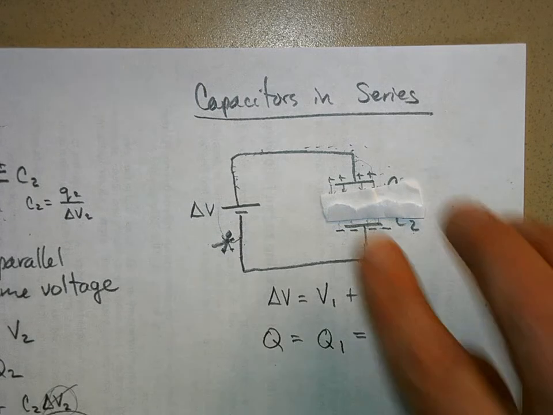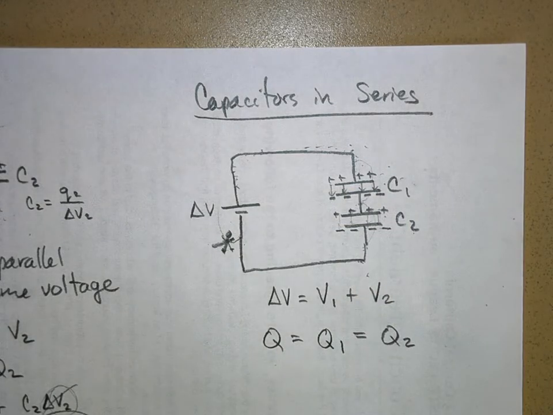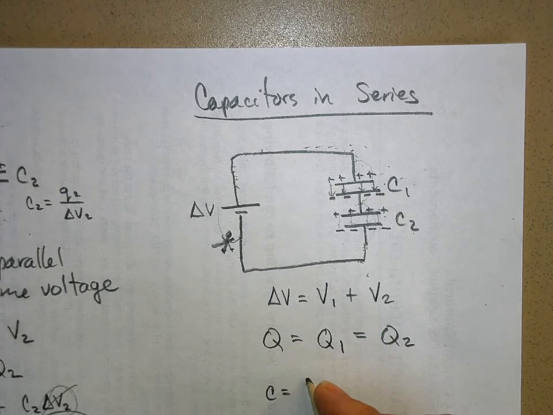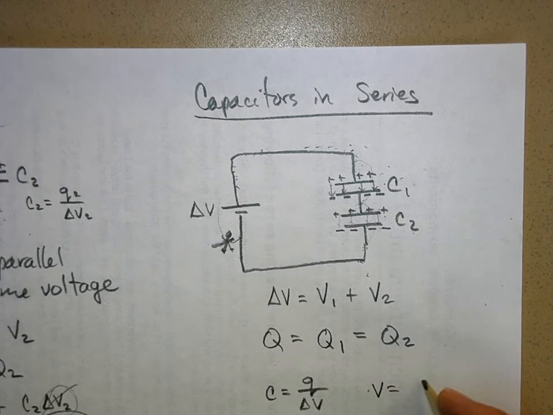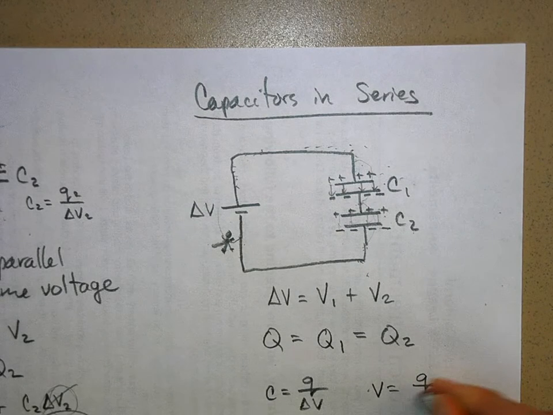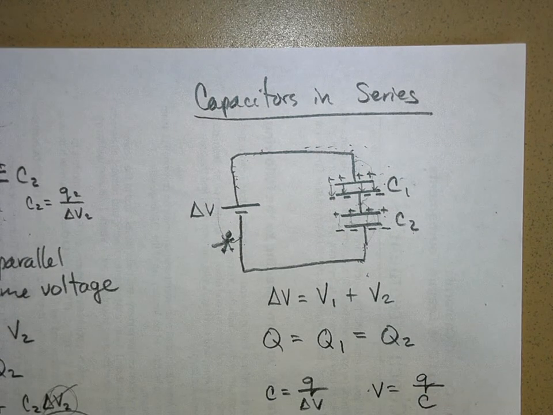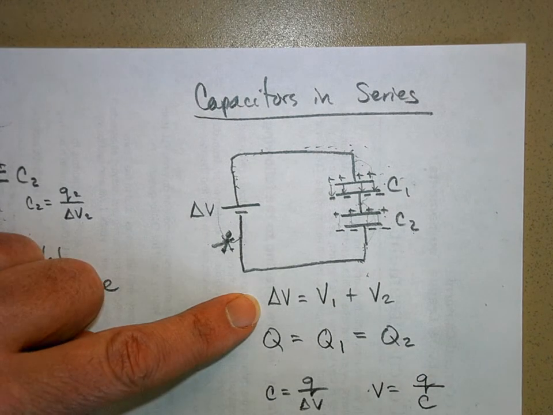Okay, so now I'm going to solve the capacitance equation for voltage. We have C equals Q over delta V. Let's solve for V. Instead of delta V, I'll just call it V. So V is equal to Q over C. So let's do the substitution.